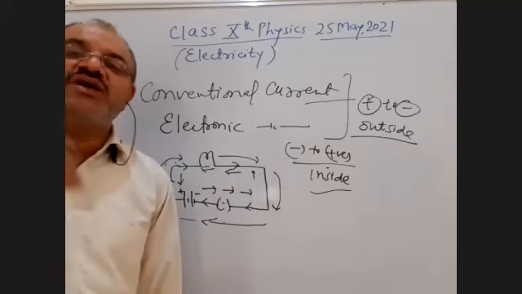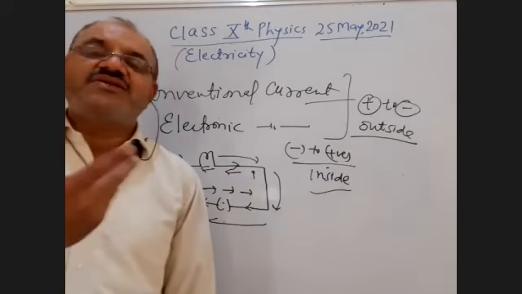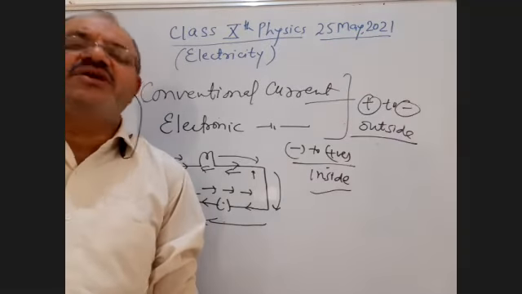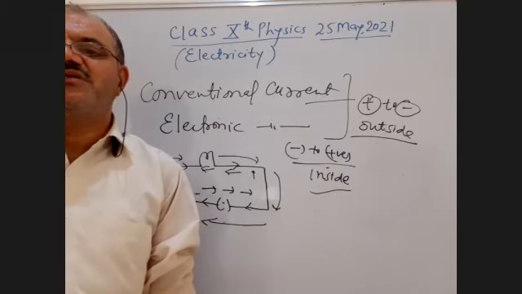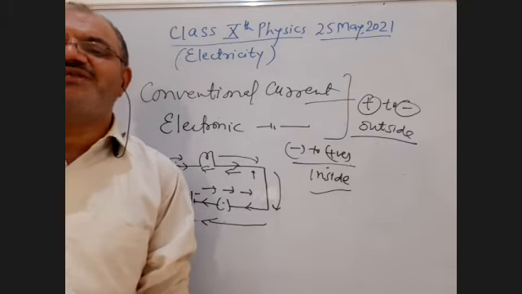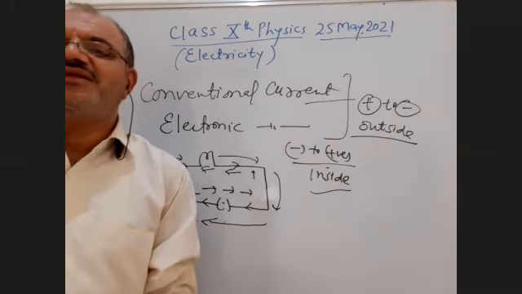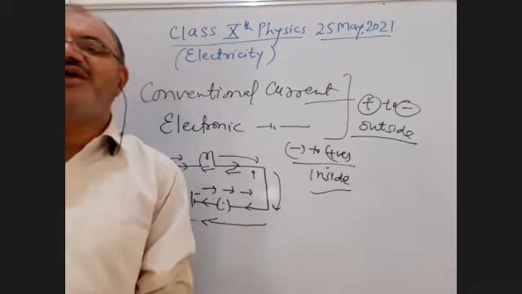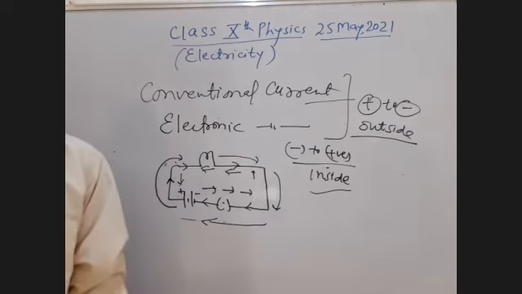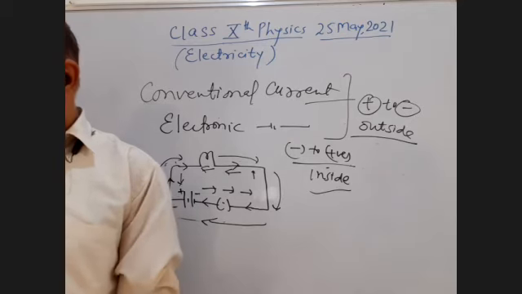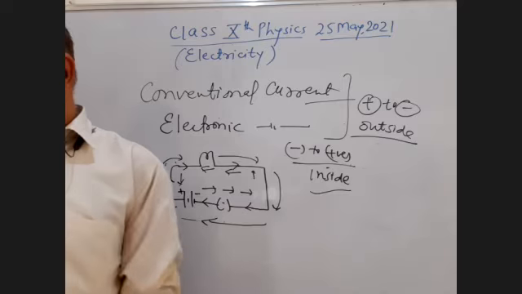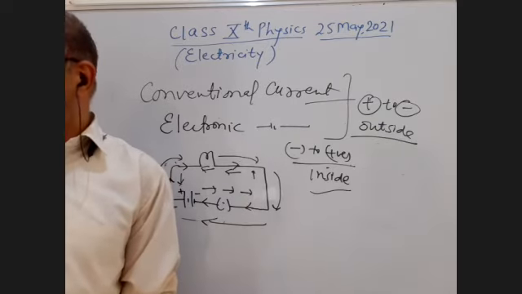If the concepts and formulas are clear, there should not be any problem in solving the questions. Clear, students? The next terms we are going to discuss are electric potential, electrostatic potential and potential difference.